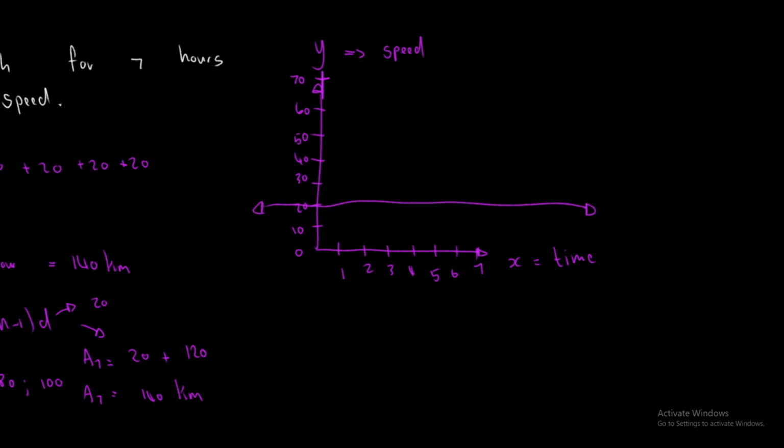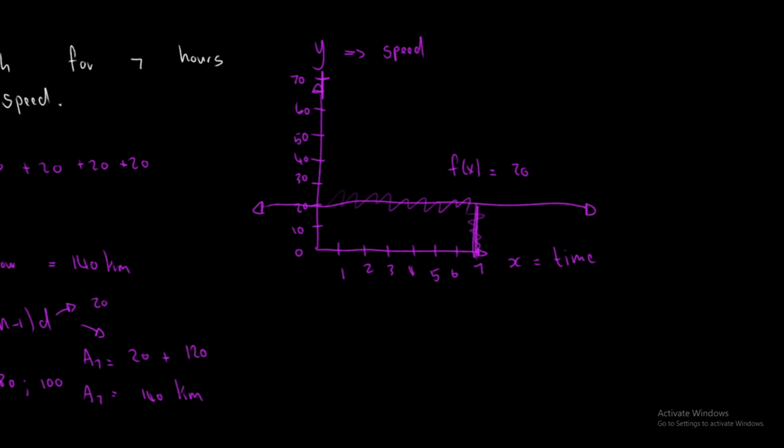Let's give this function a name. So let's say that f of x is equal to 20. And I know I'm driving for 7 hours. So I can then say, well, I can multiply this value with this value.